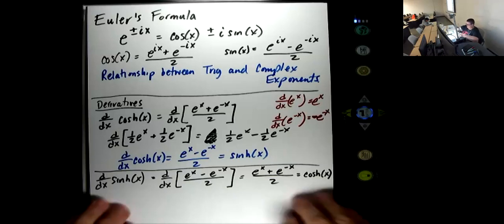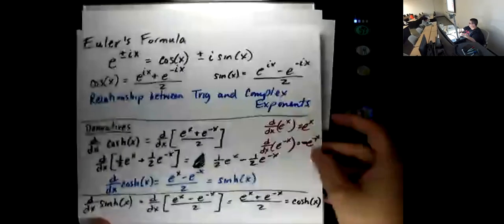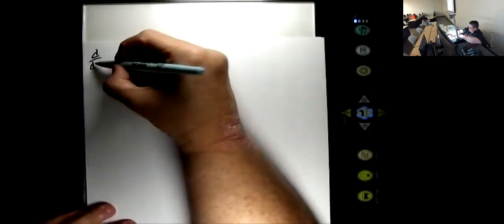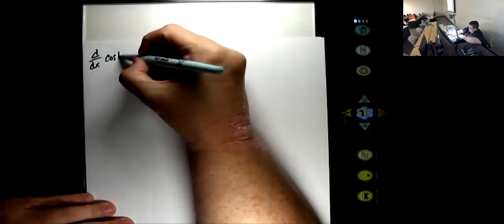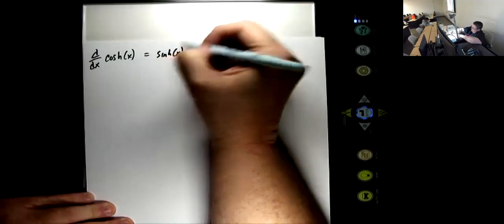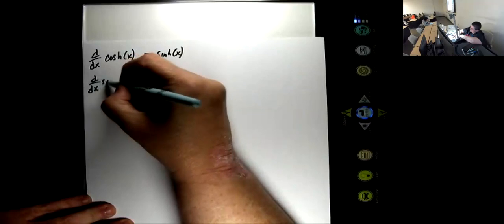All right, so let's make a list of them. Does anyone need that up longer? Okay. So all the ones that stay positive. We've got the derivative of cosh x equals sinh x. We have the derivative of sinh x equals cosh x.